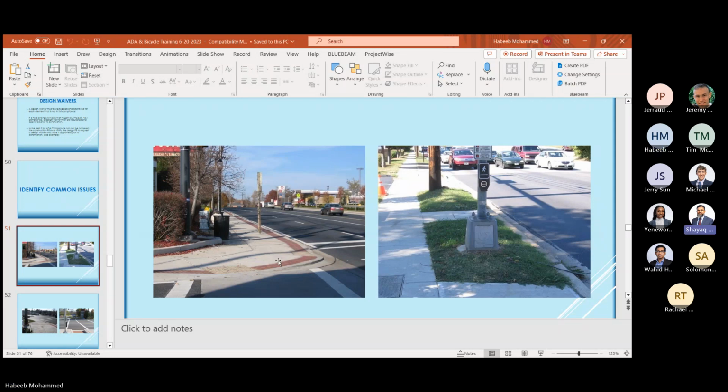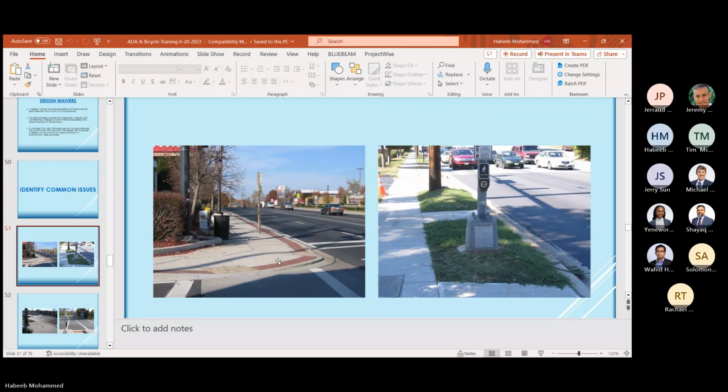On this one, the one on the left side. The side ramp is also the same thing. It's too far. You don't have the level landing. You need to have a 5x5 level landing, and it's not there. The ramp is sloped. The detectable warning is on the sloped ramp.